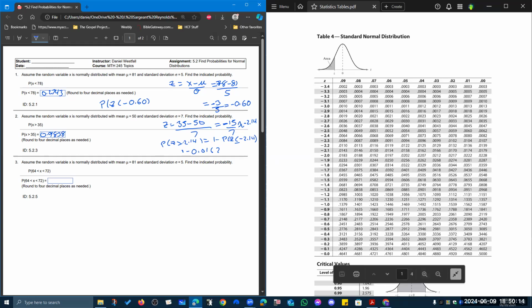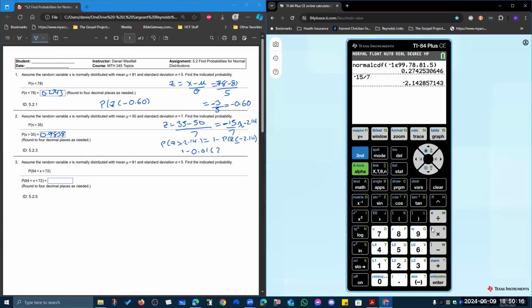Okay, let's do this on the calculator and see what we get. Second distribution, normal CDF. So now we have a lower bound of 35 and an upper bound of +infinity, which I'm going to represent with second EE 99.